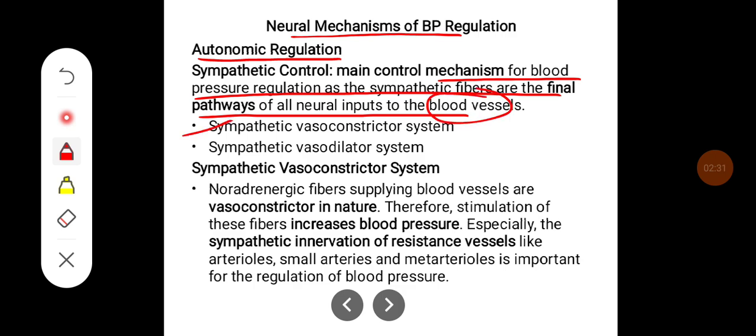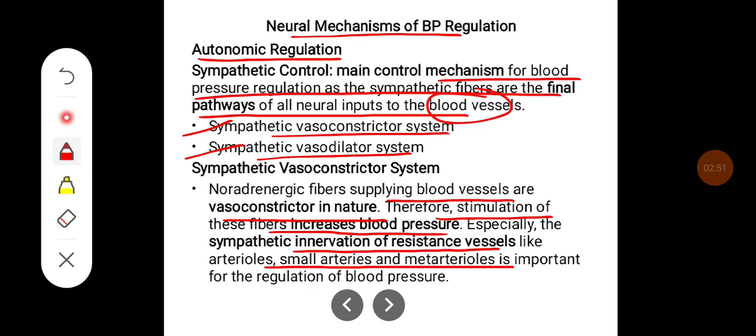There can be a sympathetic vasoconstrictor system and a sympathetic vasodilator system. In the sympathetic vasoconstrictor system, noradrenergic fibers supplying the blood vessels are vasoconstrictor in nature. Therefore, stimulation of these fibers increases blood pressure. Especially the sympathetic innervation of resistance vessels like arterioles, small vessels, and metarterioles is important for the regulation of blood pressure.